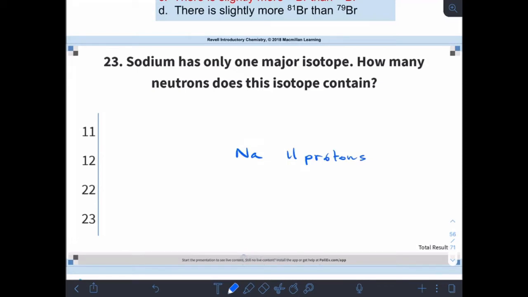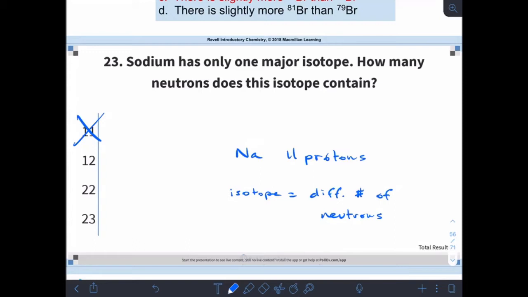Now, in order for it to be an isotope, it has a different number of neutrons. Different number of neutrons. So that immediately counts out 11 as one of the answers.